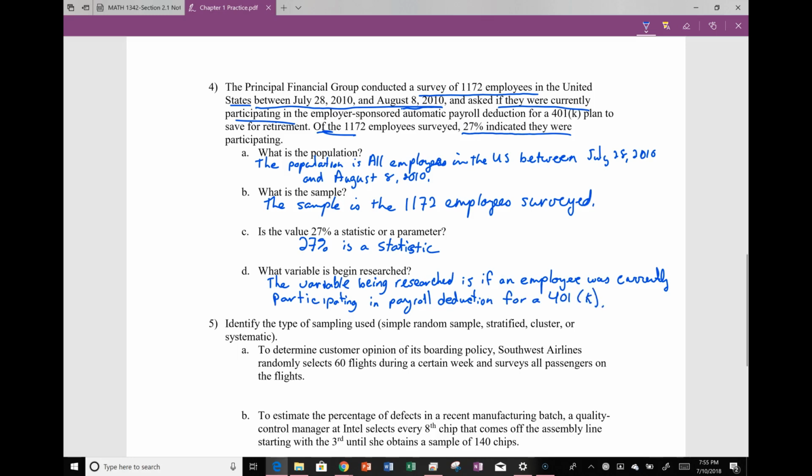That is what is actually being researched. They're not asking age, they're not asking how much they put in there. They're just asking the question, are you participating or are you not?